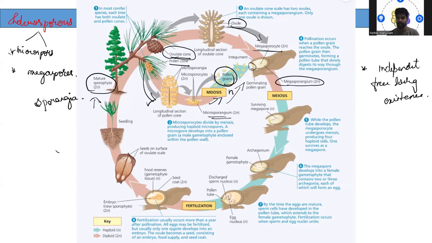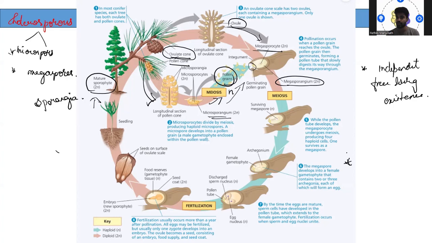If you want, you can take down the points, and if you write like this, it will help you to memorize, rather than just mugging up. One very important thing to know about fertilization: we have this megaspore, which develops into a female gametophyte.